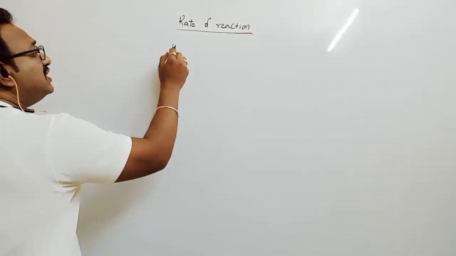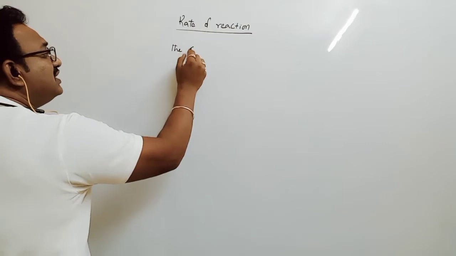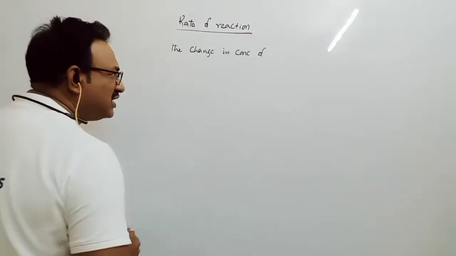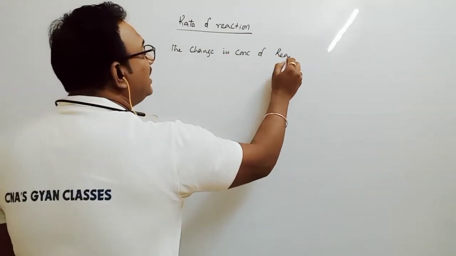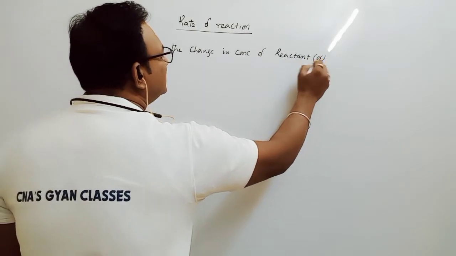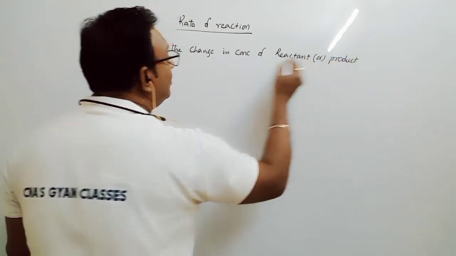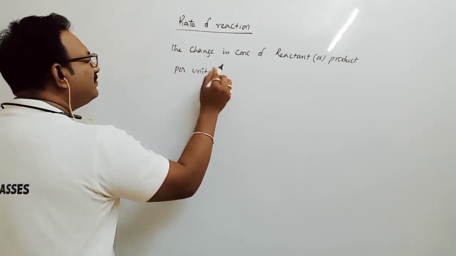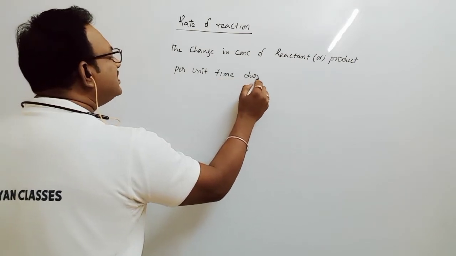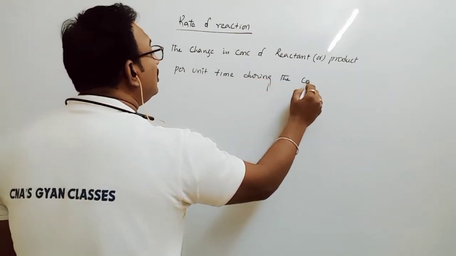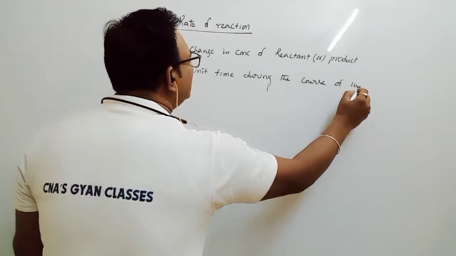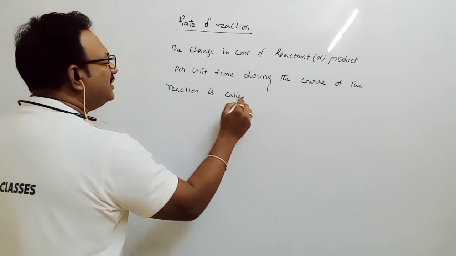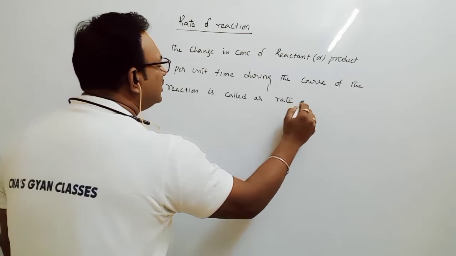So rate of reaction means the change in concentration of reactant or product per unit time during the course of reaction is called rate of reaction.